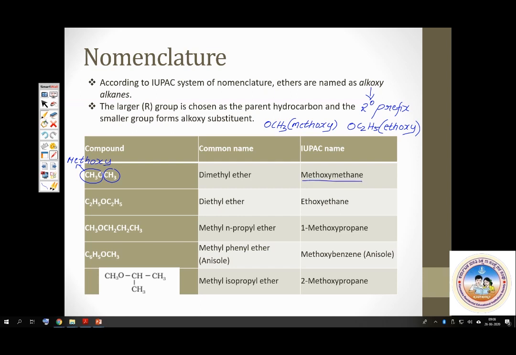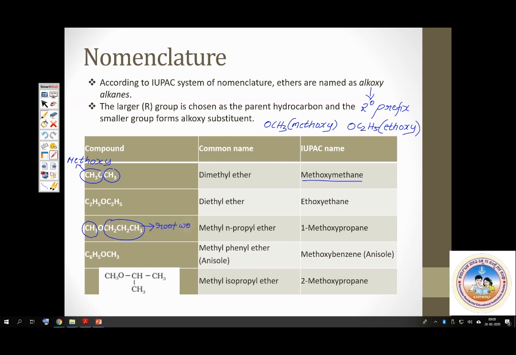Similarly, let me take up example number 3. On one side, you have a chain of one carbon atom. On the other side, you have a chain of 3 carbon atoms. Between the two, which is the longer chain? It's the chain of 3 carbon atoms. Hence, this becomes the principal chain from which you get the root word, which is propane.